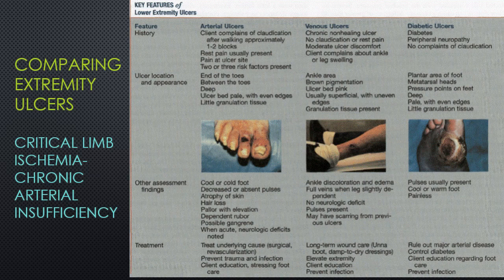Granulation tissue is present, and infection is more common in these because of all of the lymphatic and venous fluid, that interstitial fluid that's not getting filtered or returned to the kidneys or the liver for filtration.